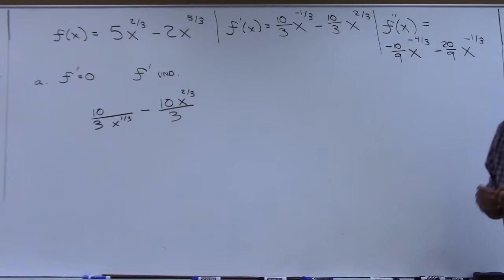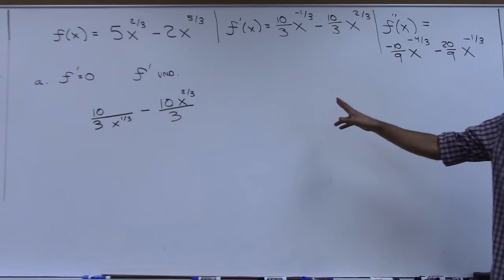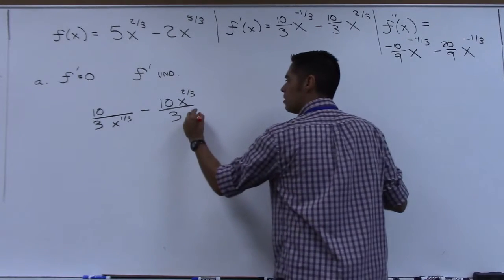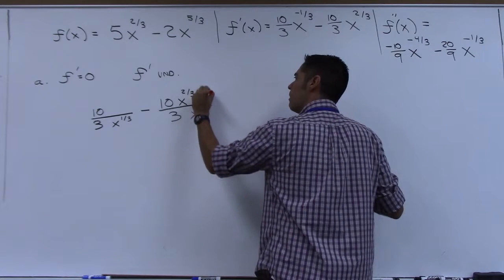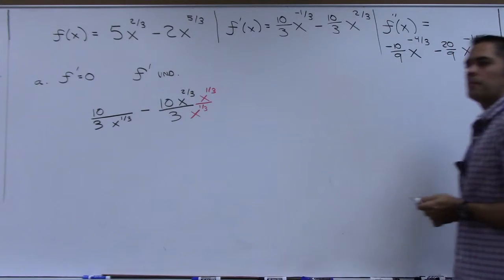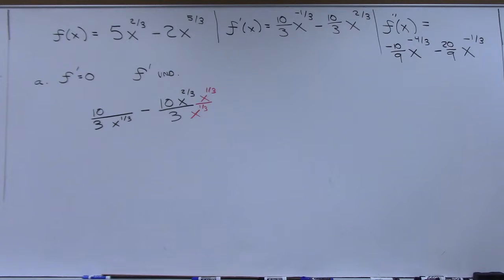3x to the 1/3. So I'm going to introduce on the fraction to the right x to the 1/3 here, and whatever I do to the bottom, I must do to the top, right? And I'm multiplying that.